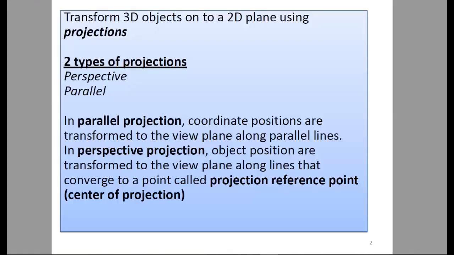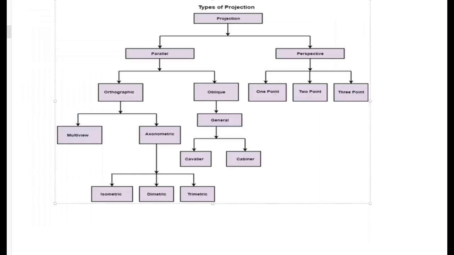So either we have a perspective projection, or we have parallel. There are two types of projections, perspective and parallel, and then there are many subtypes.